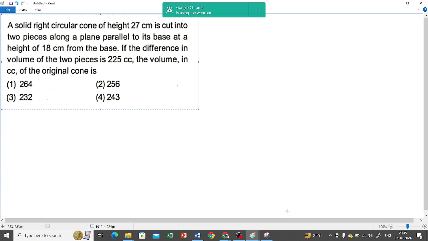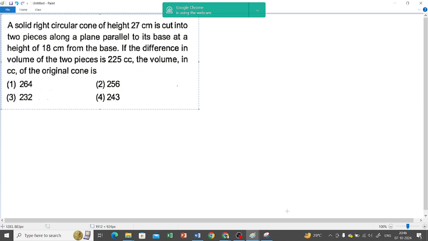Try out this one. Try out this sum and see, you have to know the formulas very well.